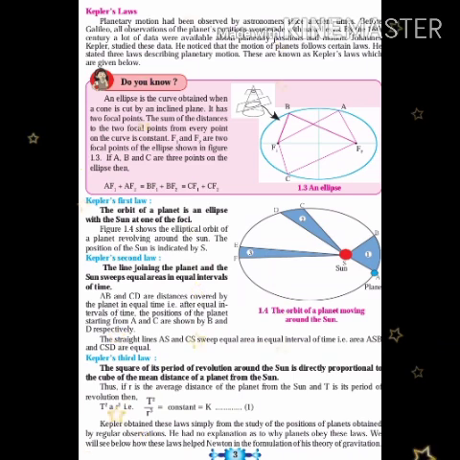One more instruction I would like to give you: whenever you state the laws in the exam, if they ask you to write down Kepler's first law, first of all you have to write "Kepler's first law states that," or "Kepler's second law states that," or "Kepler's third law states that." After the comma, in double inverted commas, write the statement, for example: the orbit of a planet is an ellipse with the sun at one of the foci.